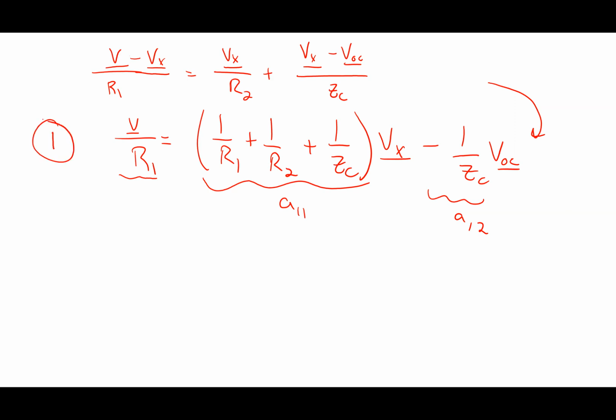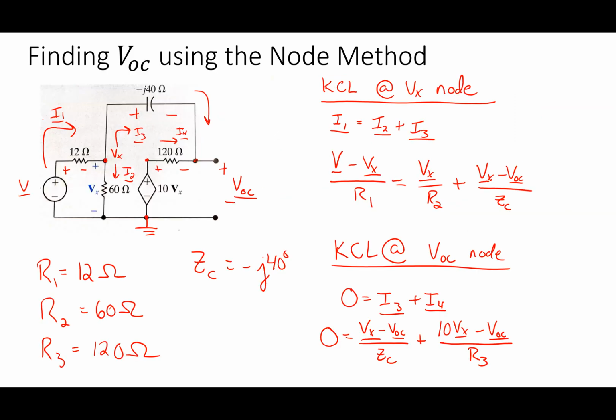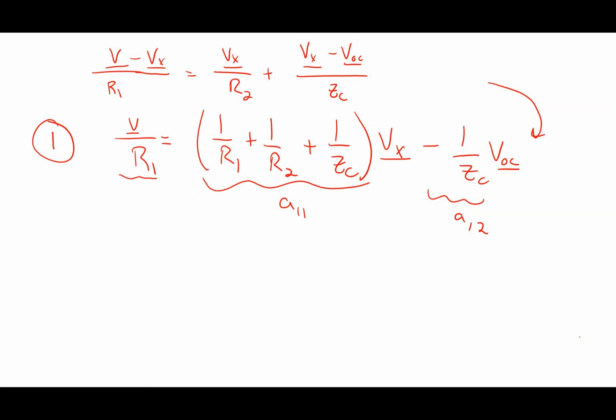That's one of my equations. What's my other equation? Well, it was this one down here. 0 equals Vx minus VOC over Z sub C plus 10 Vx minus VOC divided by R3.